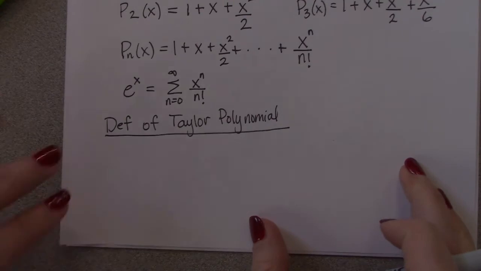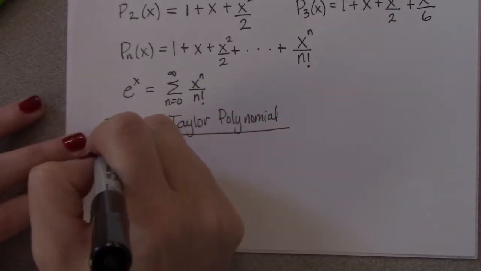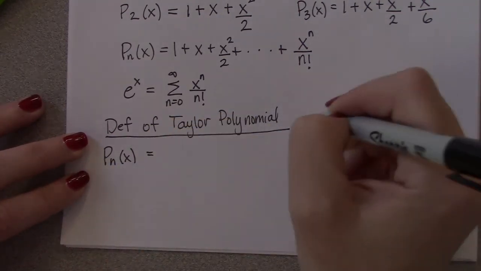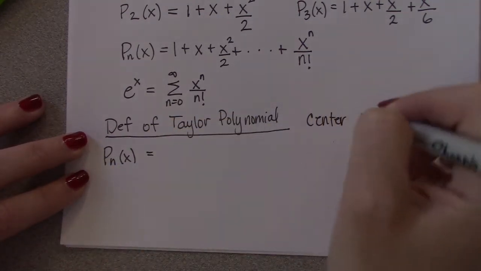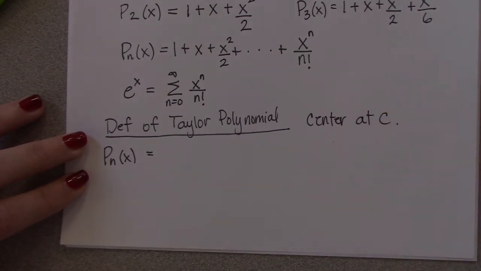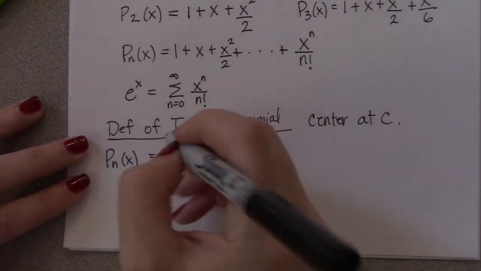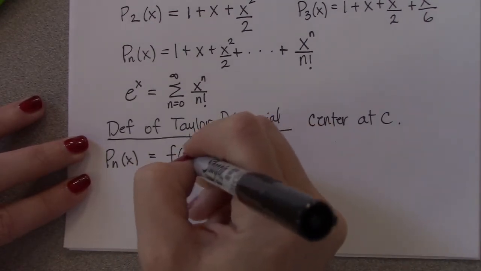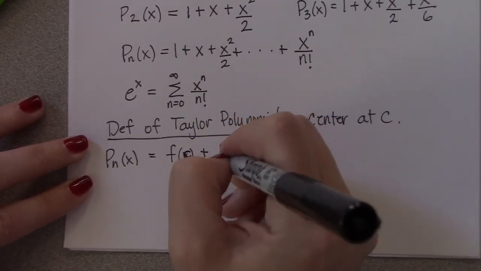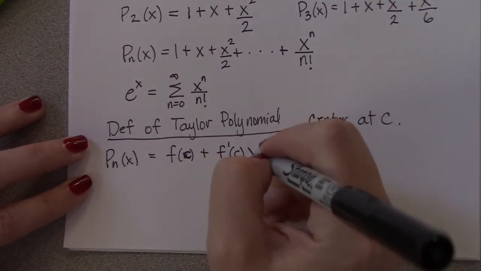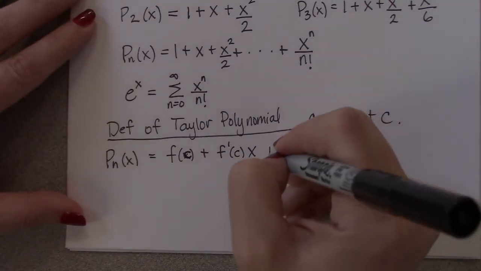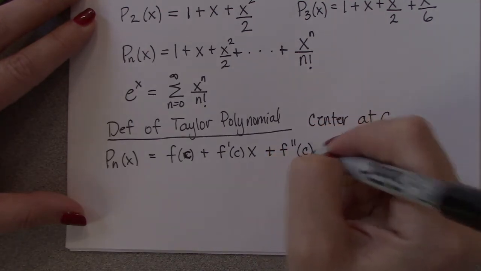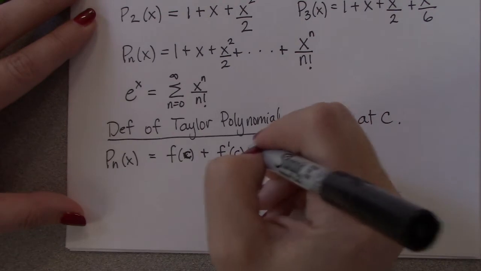All right, so the formula or the algorithm that we're really using to do this is, if you want a center at any value c, we're going to get f of c, plus f prime of c times x minus c, plus the second derivative at c, I made a mistake.